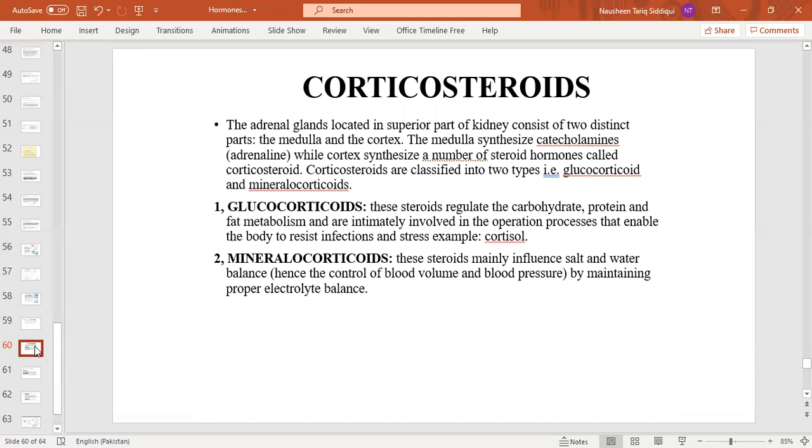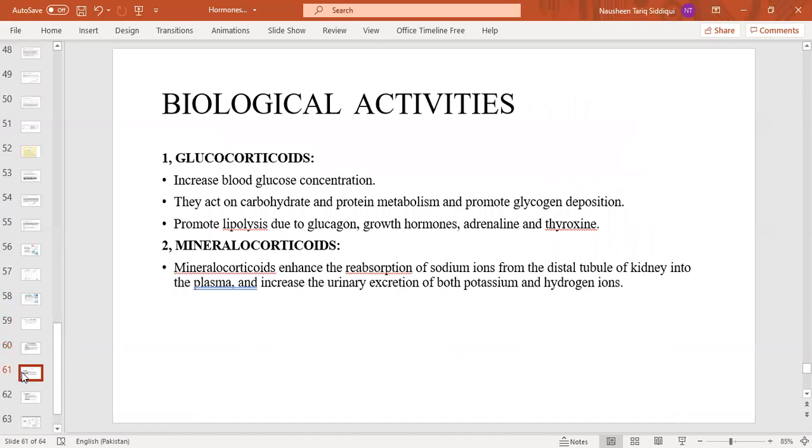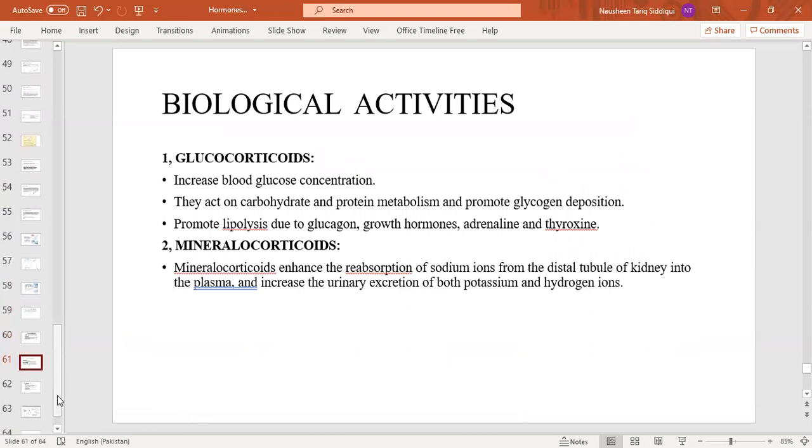While mineralocorticoids mainly influence salt and water balance and the control of blood volume and blood pressure by maintaining the proper electrolyte balance. For their biological activity, glucocorticoids increase blood glucose concentration.